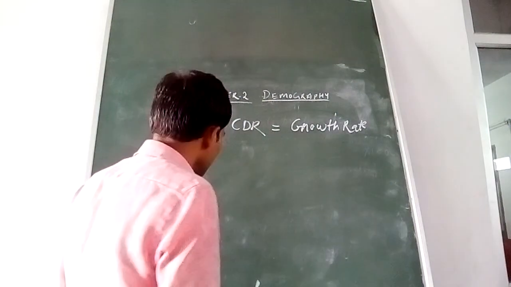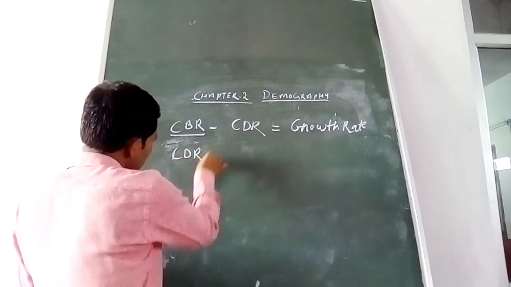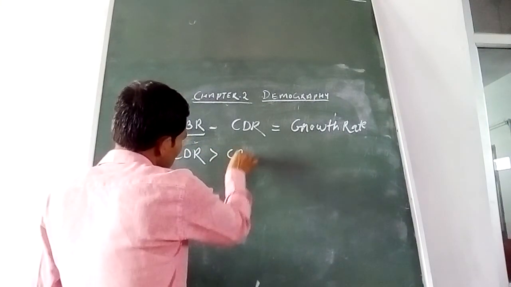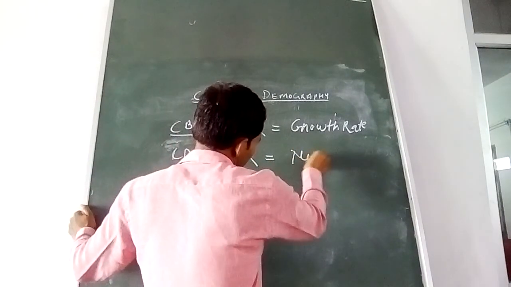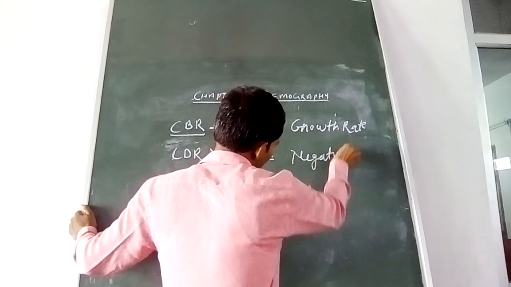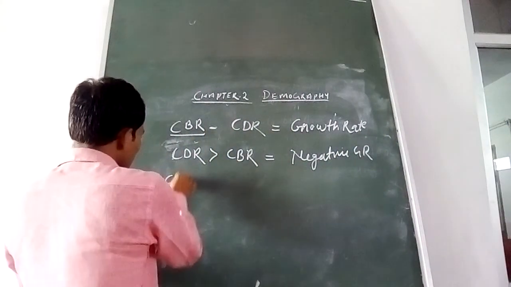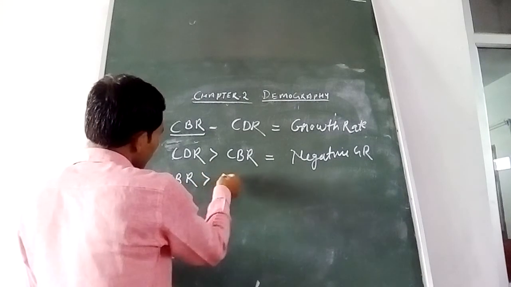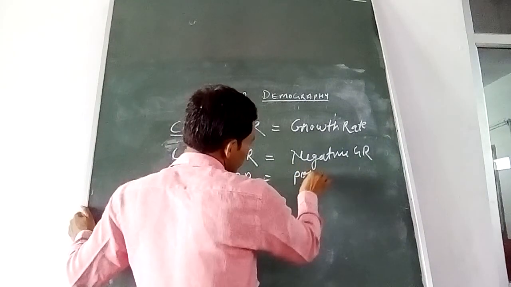When CDR is greater than CBR, then the growth rate is negative. And when CBR is greater than CDR, then it is positive.